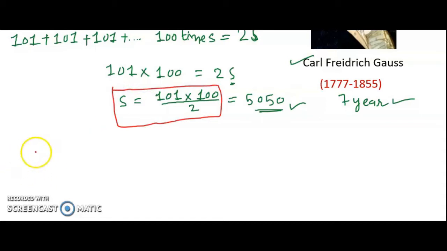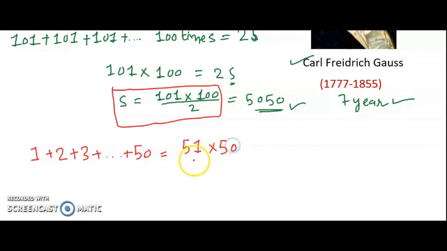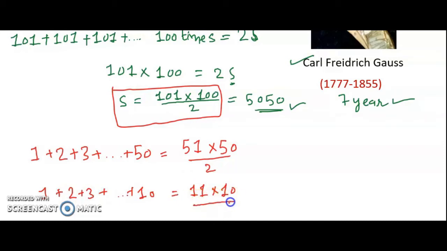In the same way, for example, if you want to find the sum of the first 50 natural numbers, then we can write it as 51 multiplied by 50 divided by 2. Right? Same way, for the sum of the first 10 natural numbers, we can write 11 multiplied by 10 divided by 2.